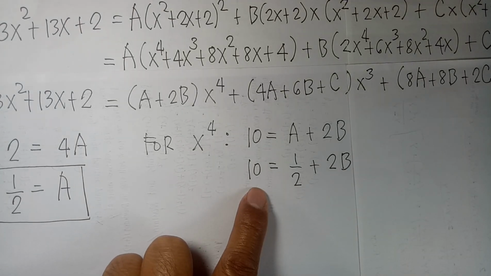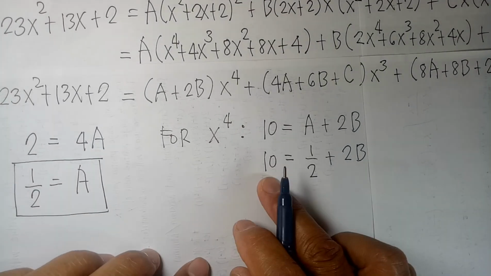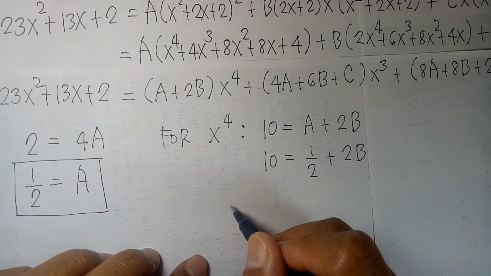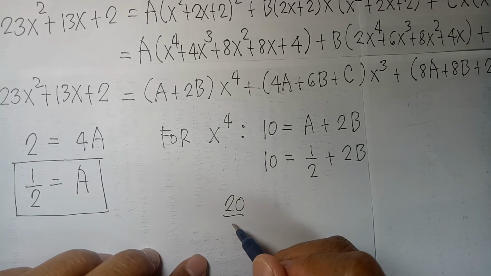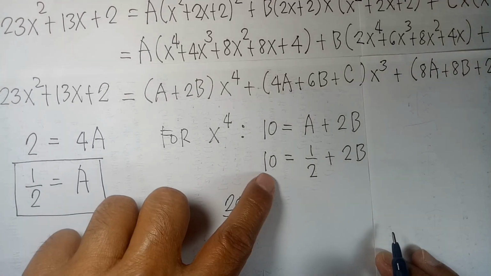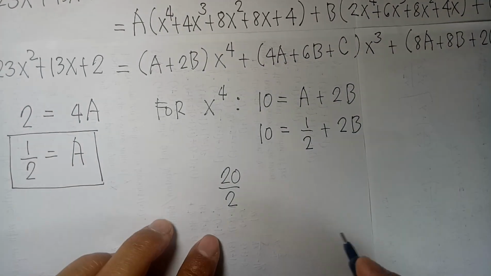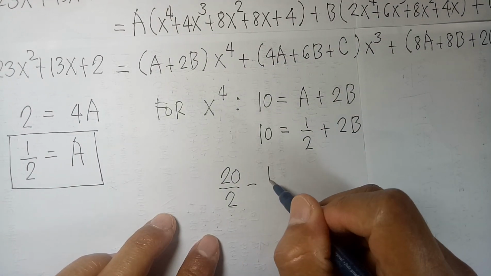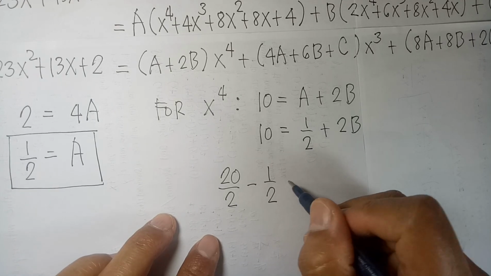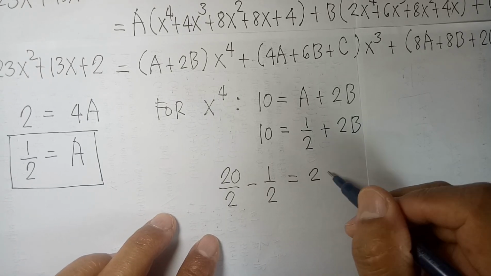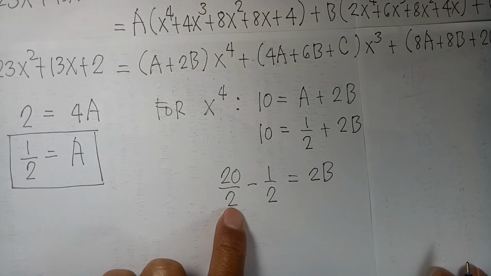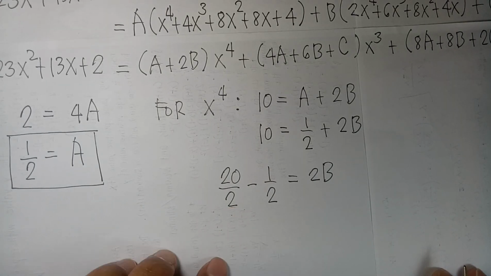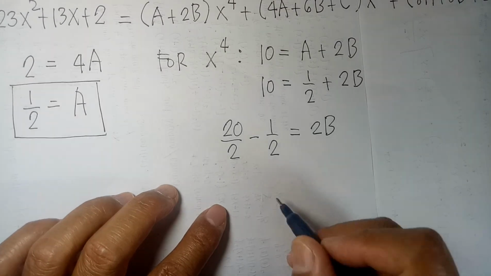So 10 minus 1/2. So yung 10 gagawin nating 20 over 2. So 20 over 2 equal din siya sa 10. Tapos minus 1/2 equals 2b. So, 20 over 2 minus 1/2 equals 19 over 2.